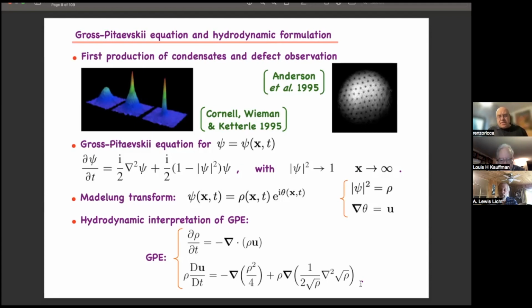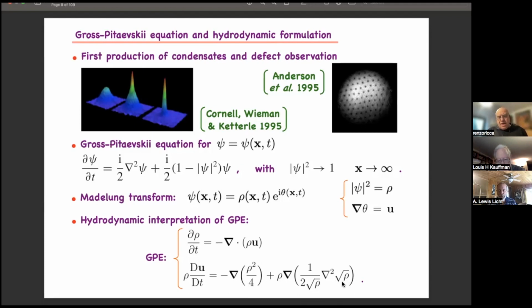There is a big difference, however. There is no pressure here. The pressure is represented by density squared over 4, and what plays the role of viscosity terms in Navier-Stokes here is given by the various gradients of the density.